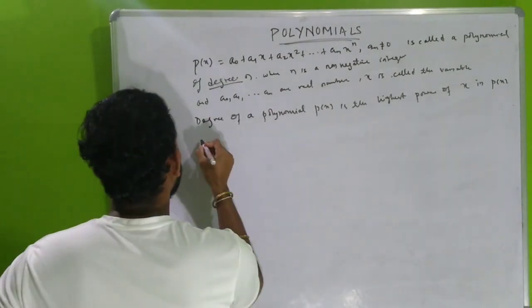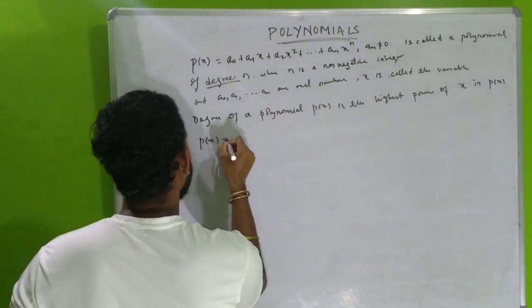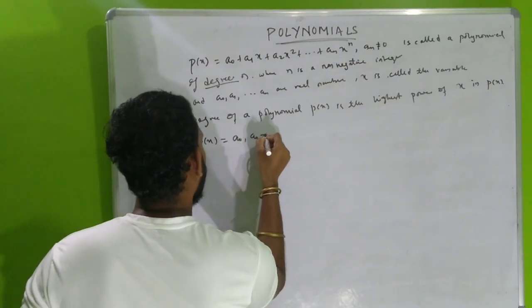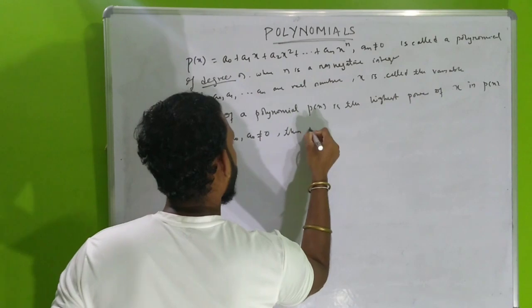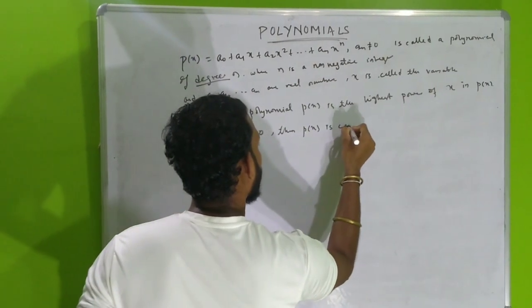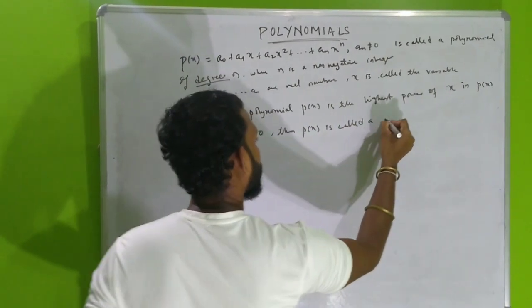If p of x is equal to a naught, where a naught is not equal to 0, then p of x is called a constant polynomial.